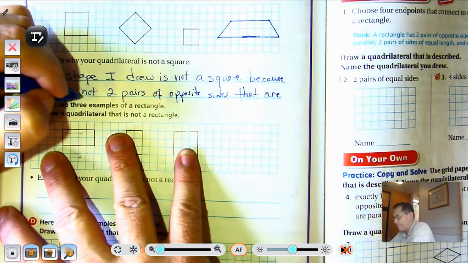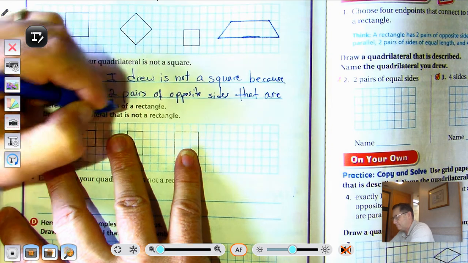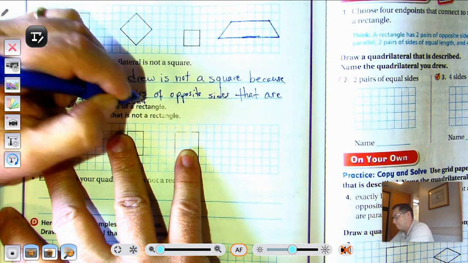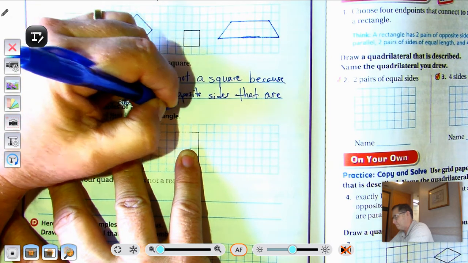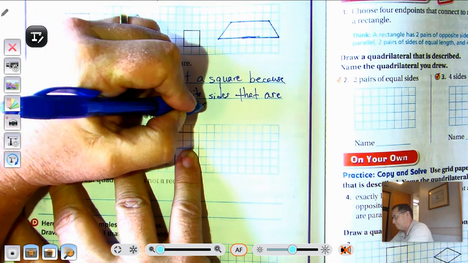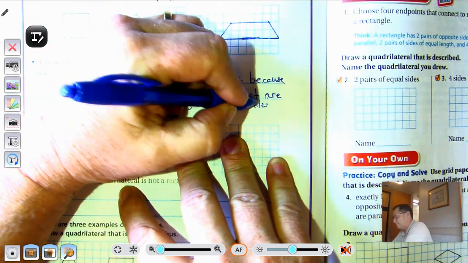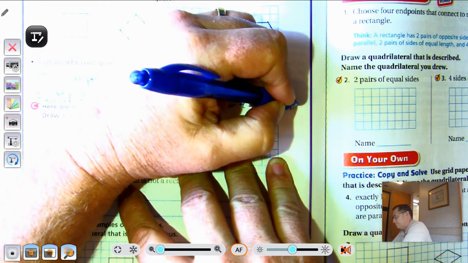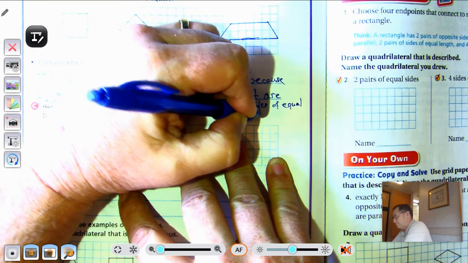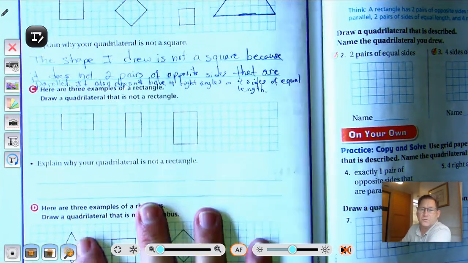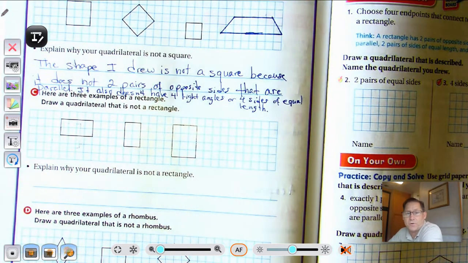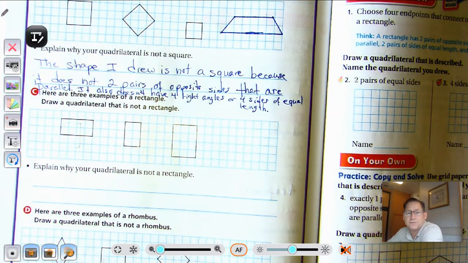It also doesn't have four right angles, or four sides of equal length. So that shape that I drew doesn't meet any of the requirements of a square. It doesn't have two pairs of opposite sides that are parallel. It doesn't have four right angles. It doesn't have four sides of equal length.